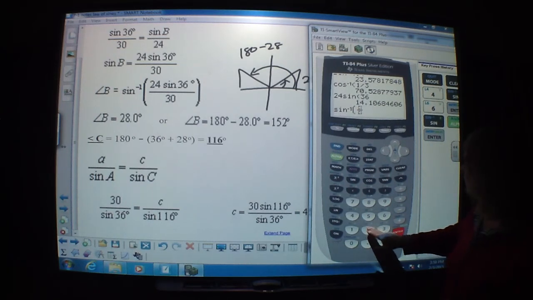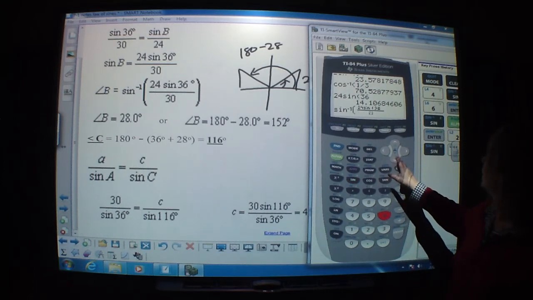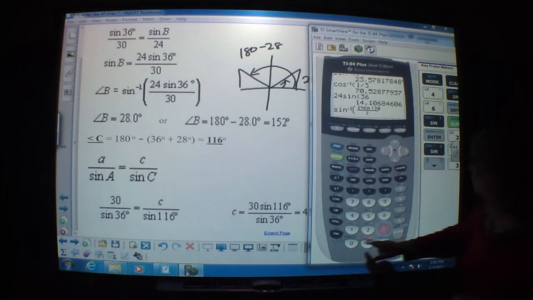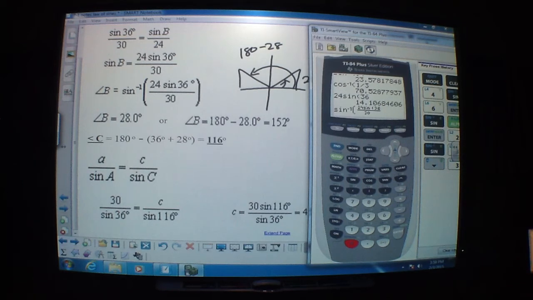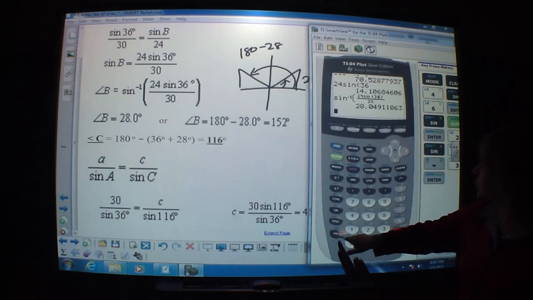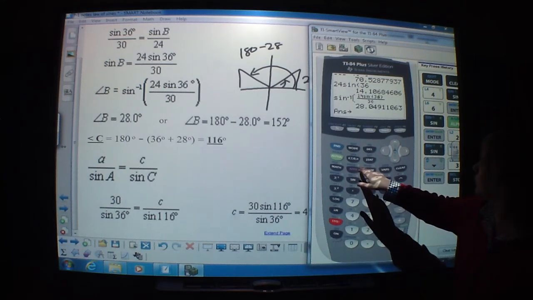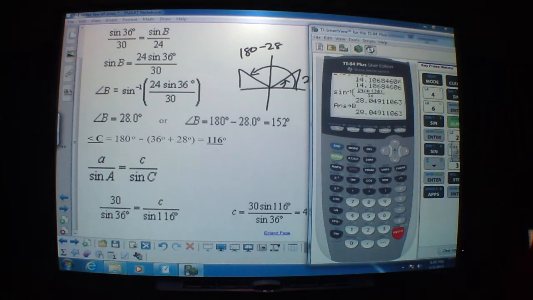And in the numerator, I have 24 sine of 36. And in the denominator, I have 30. So there's angle B. And here's what I mean by using exact values and storing it. I can store this anywhere in my calculator I want. So I am going to store STO, and since that's angle B, I'm going to store it in B.